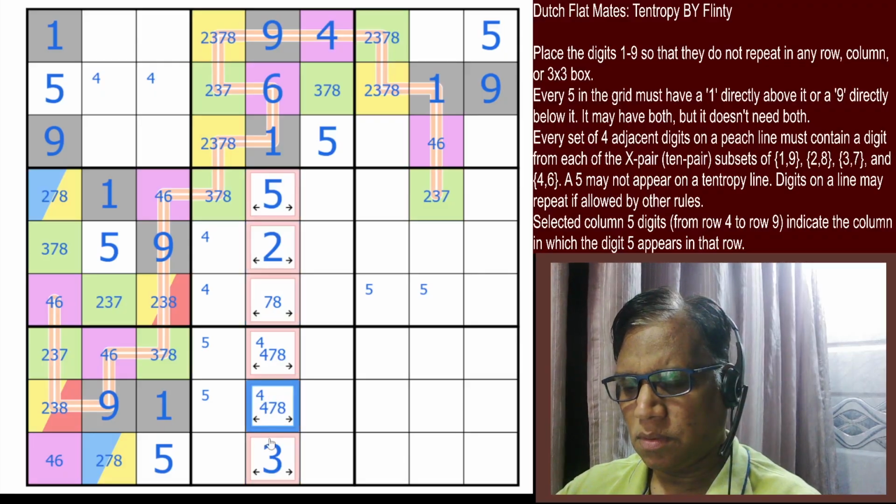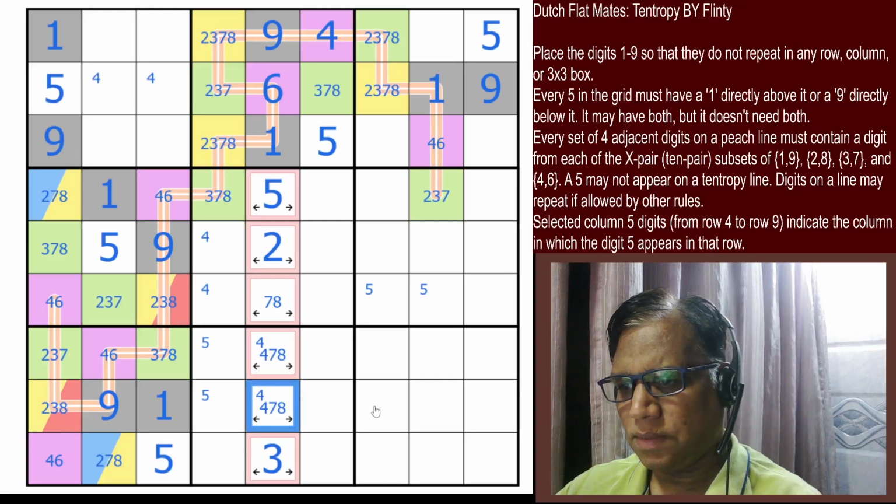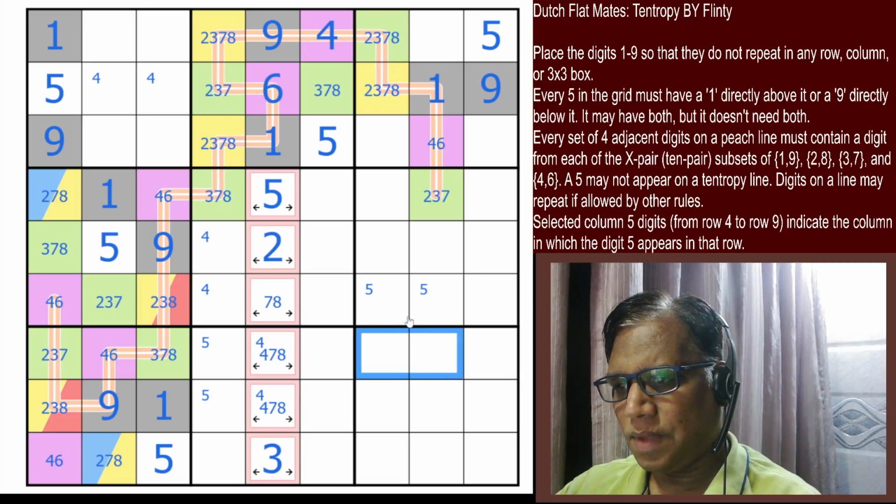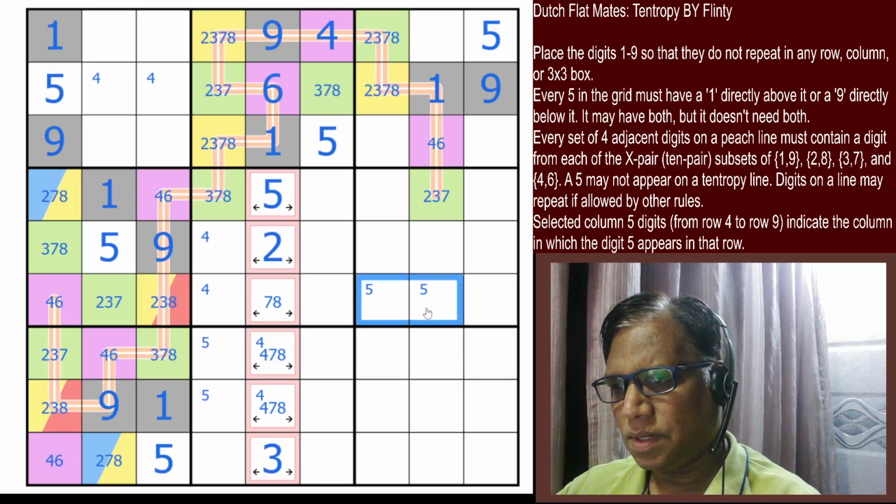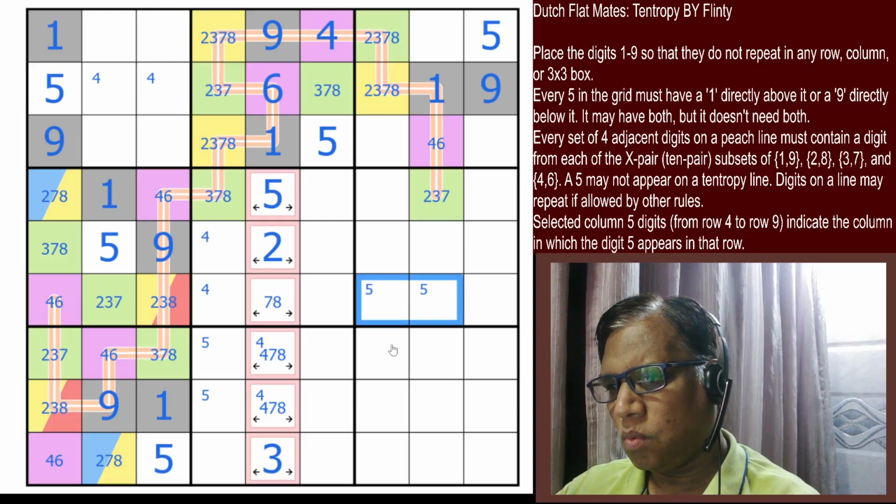4. If that's 4, that's 7, and that would be 5. Could that be 5? If that's 5, that is definitely 1 somewhere here. That will become 1 5. I don't think that's possible, right?